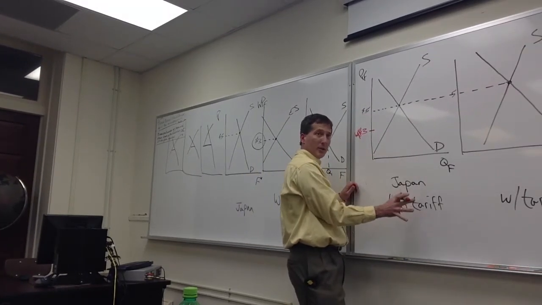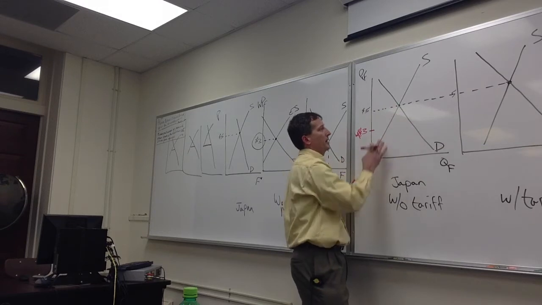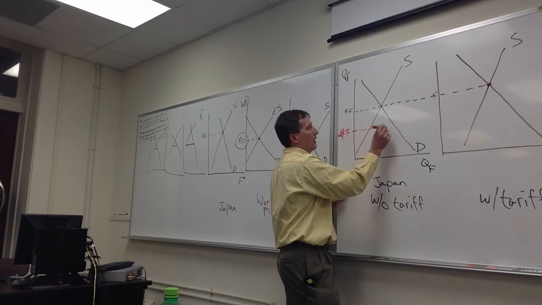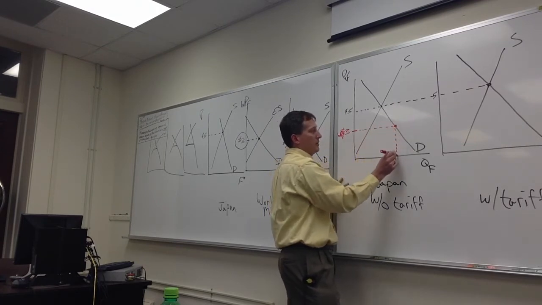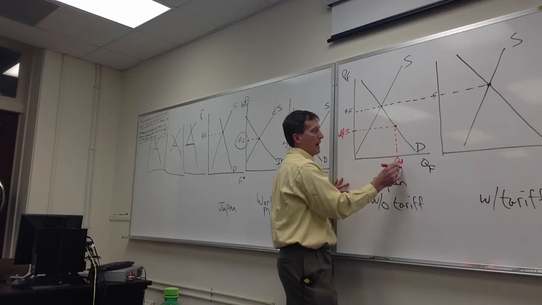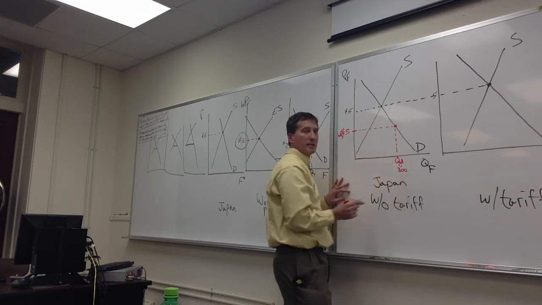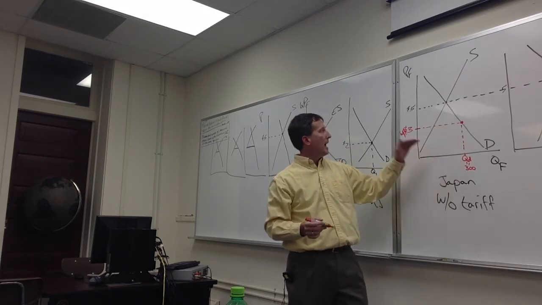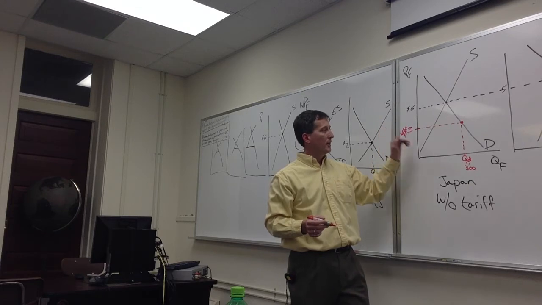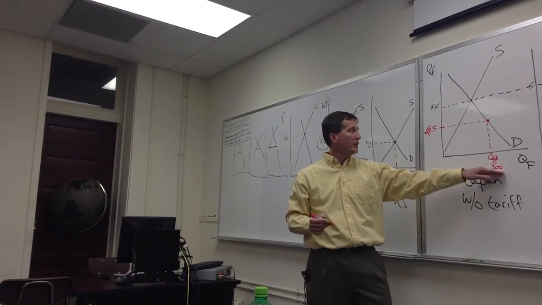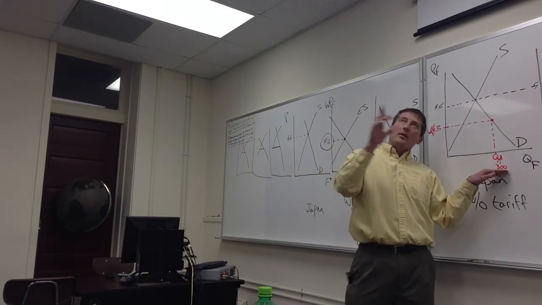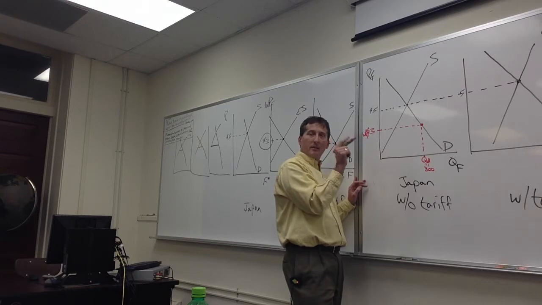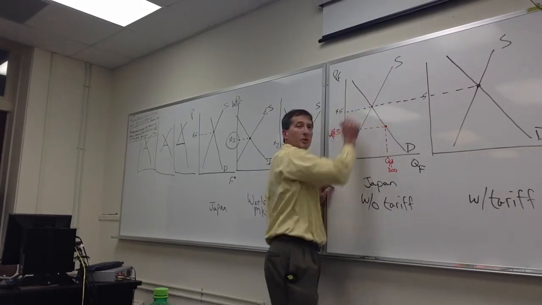So without any sort of tariff, the government's not in the picture yet. So under a free market, a free world trade scenario, Japanese consumers are going to want to buy 300 units of food, just making up a number. So the quantity demanded at a world price of $3, they'd like to be consuming 300 units. That 300 units then is going to be delivered to them in two different ways. One way is through Japanese producers.